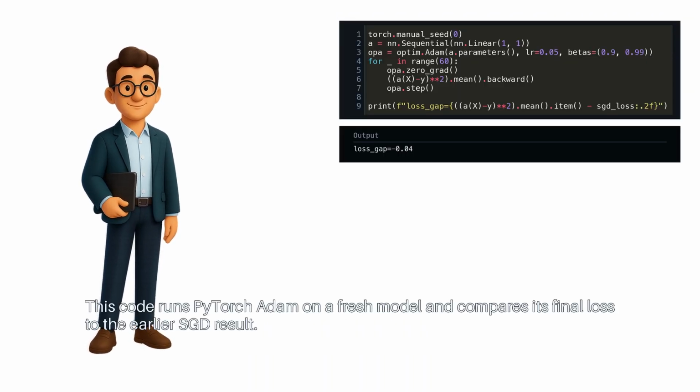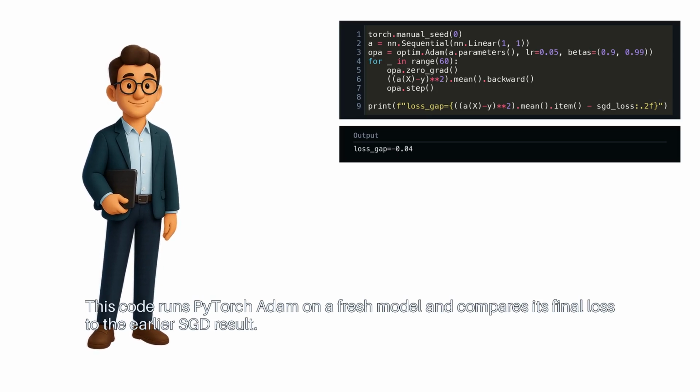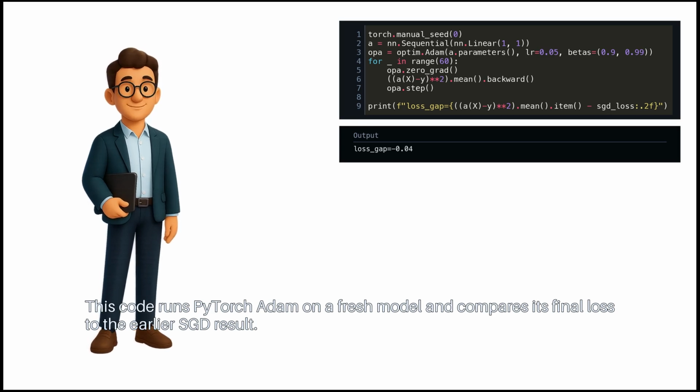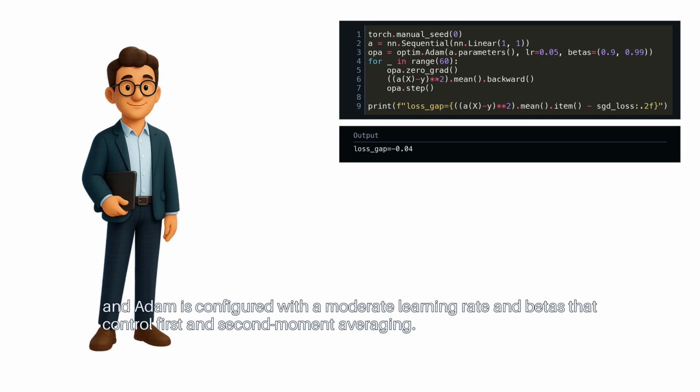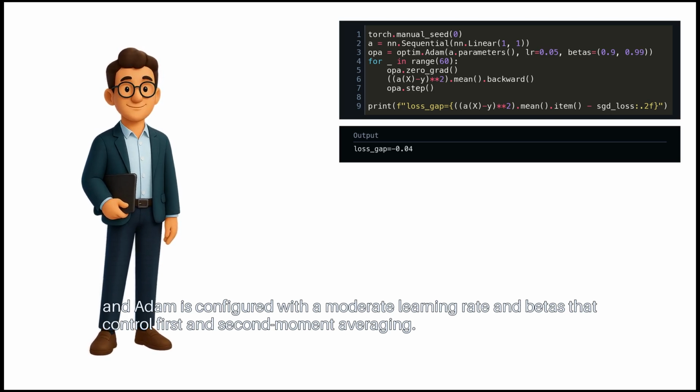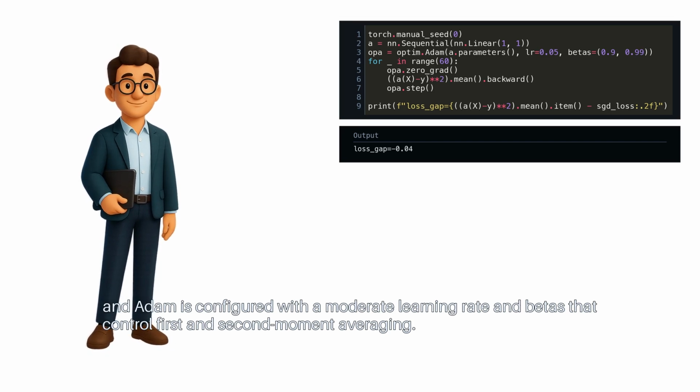This code runs PyTorch Adam on a fresh model and compares its final loss to the earlier SGD result. A new non-sequential linear model a is created with the same seed, and Adam is configured with a moderate learning rate and betas that control first and second moment averaging.